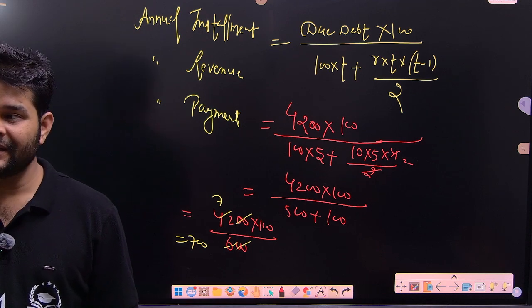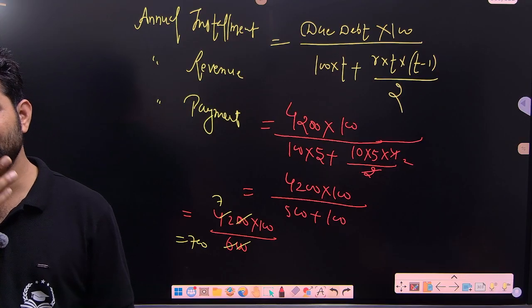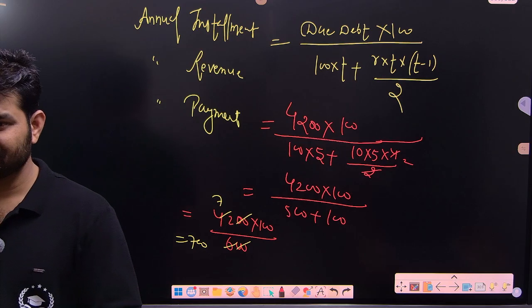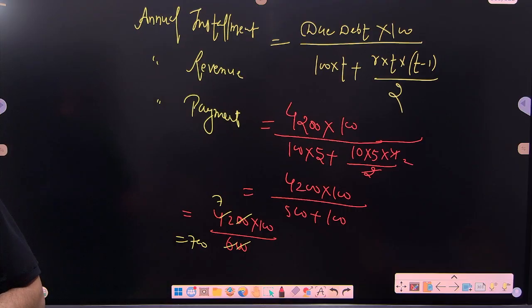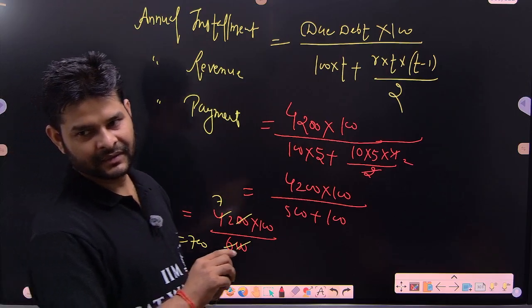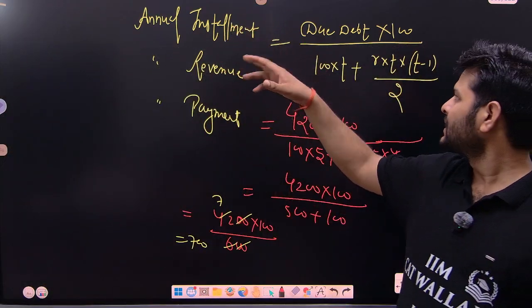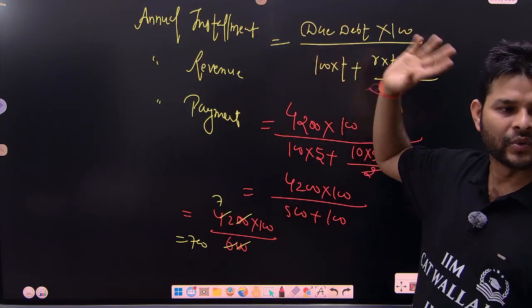On the borrower side, it is called due debt. From the lender side, it is called amount. So basically amount and due debt are the same. From the lender side, you need to change due debt to amount.